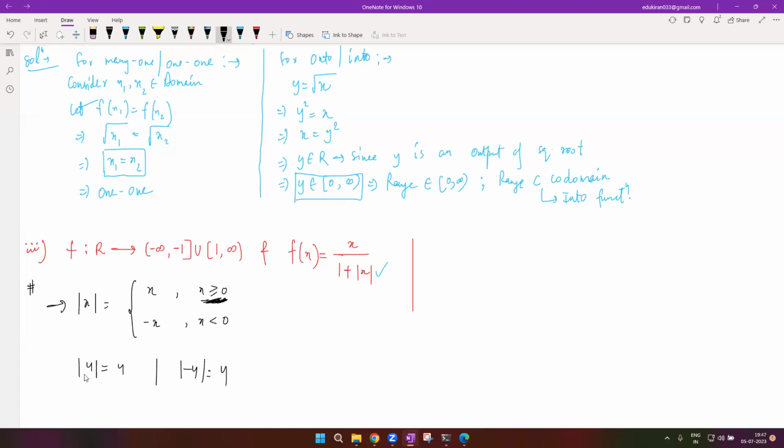Like in this case, 4 is positive, so you take 4 as it is outside. But if x is negative, x less than 0, then while removing the bars, you put a negative sign before it. So actually minus 4 becomes 4 like this.